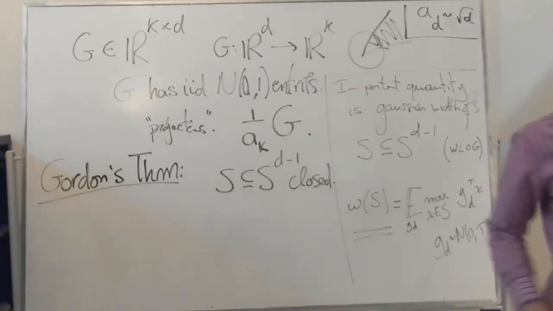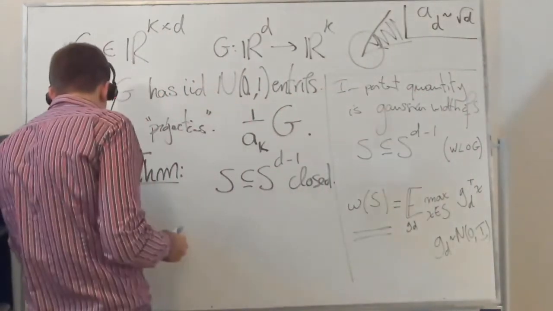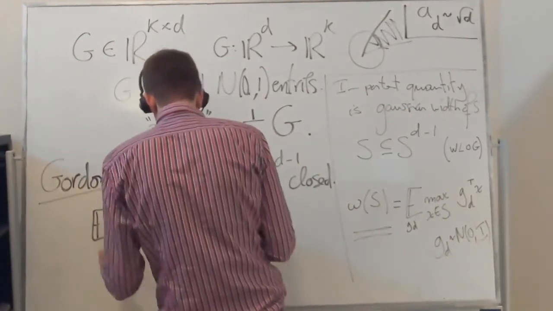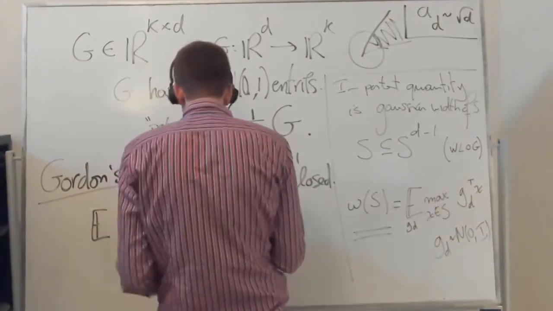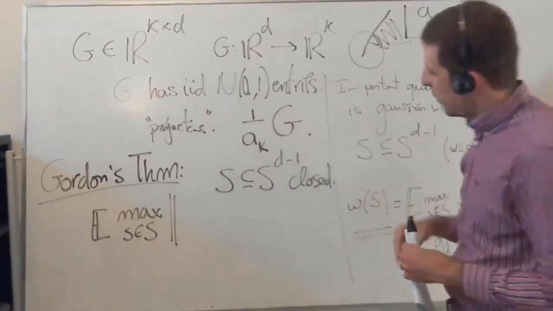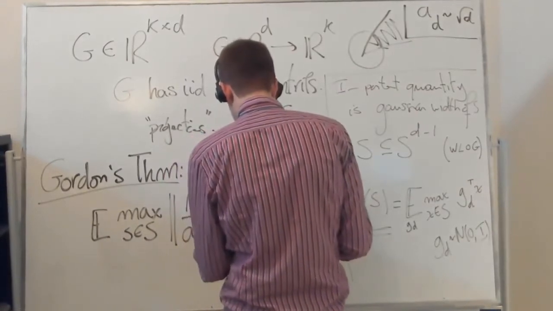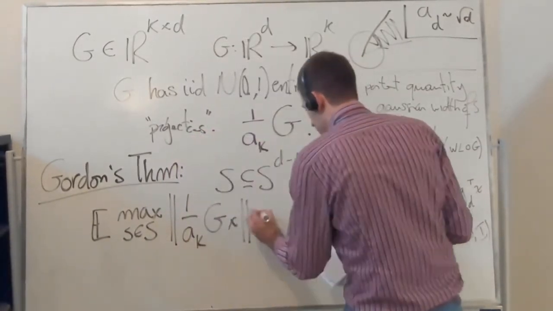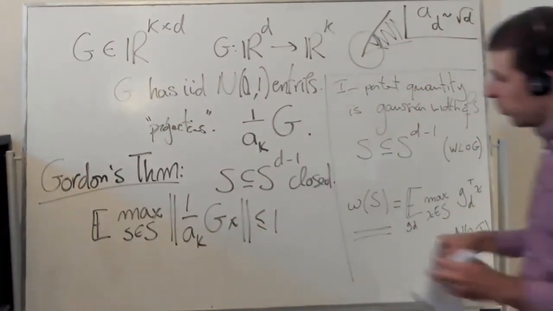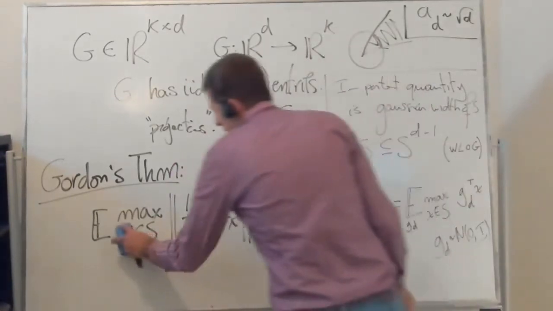Okay, and so this theorem says the following. It says that in expectation, the maximum over vectors in the set S, so we want to understand how this matrix acts on vectors in S. We would like the vectors to have norm 1 because X is in S, so X will have norm 1.